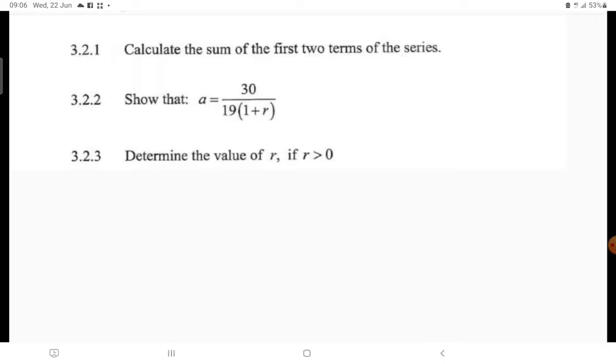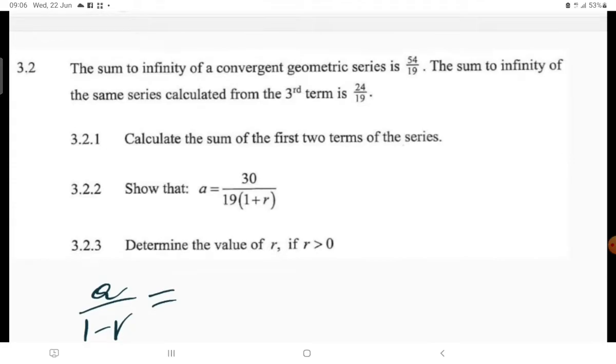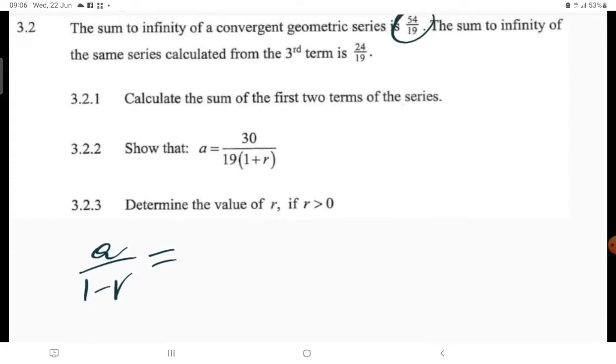We need to remember that we have a over 1 minus r, which is equal to 54 over 19, which is the sum to infinity, given as 54 over 19.